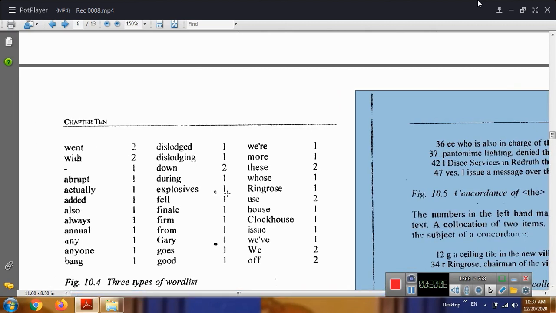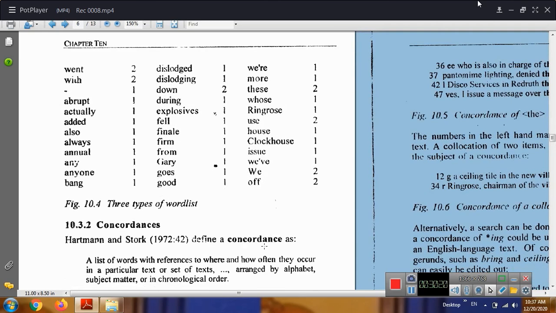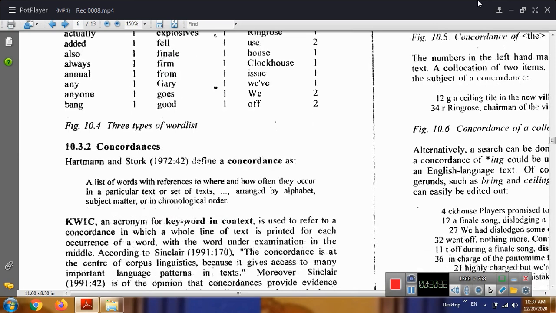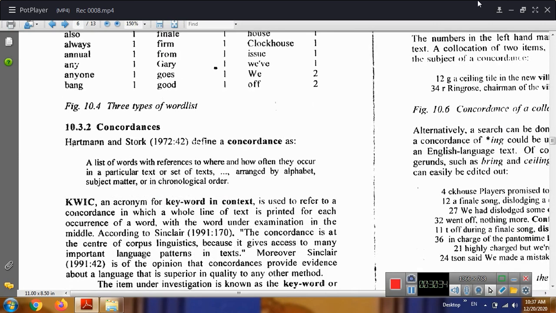And in this table you can see another example according to frequency, alphabetic order and reverse alphabetic order. You can see these 3 types of word list. You should know their important matter. Knowing all of the details is not necessary.